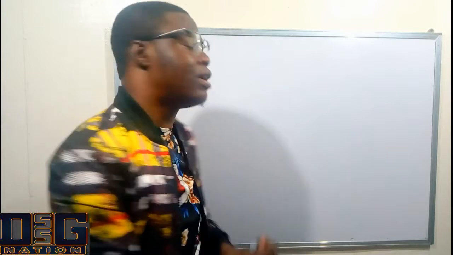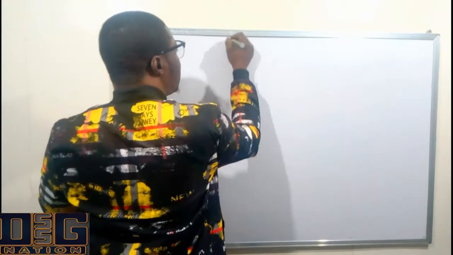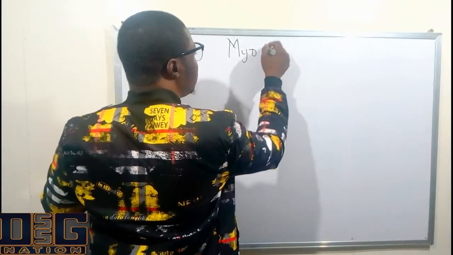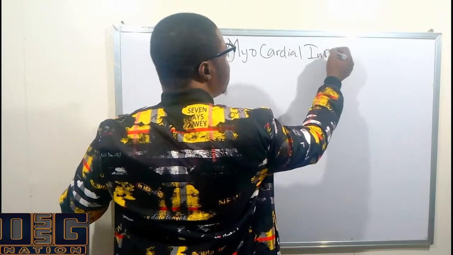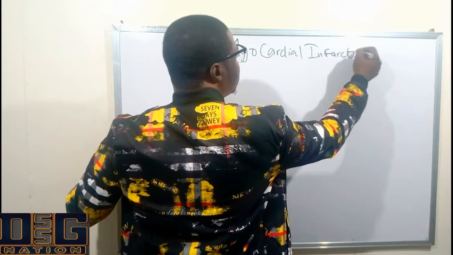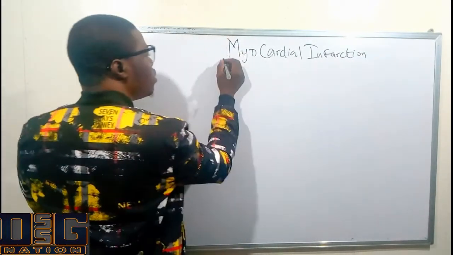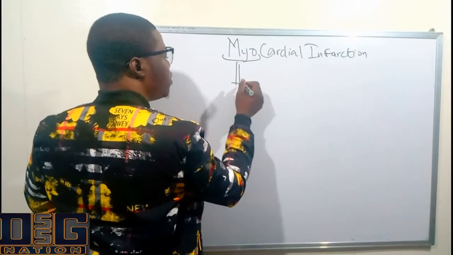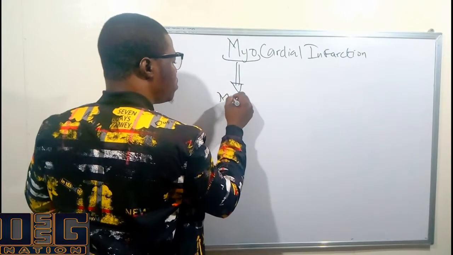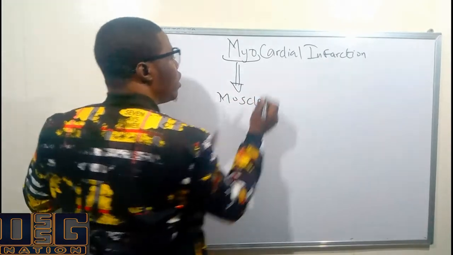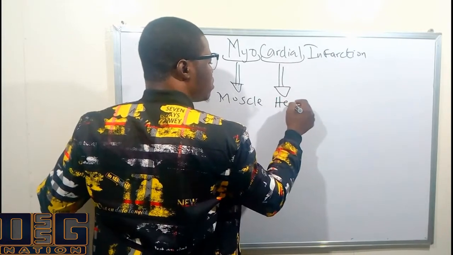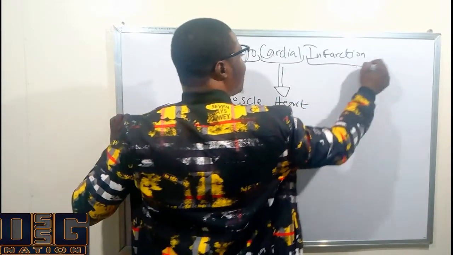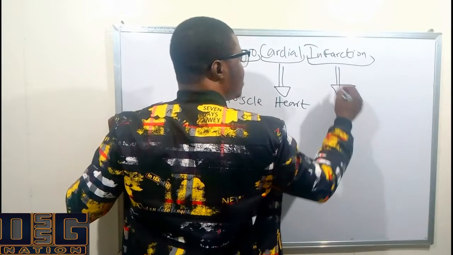Welcome back. So I said we are going to be talking about myocardial infarction. Now, the word myo means muscle, the word cardial means the heart, and the word infarction means death.